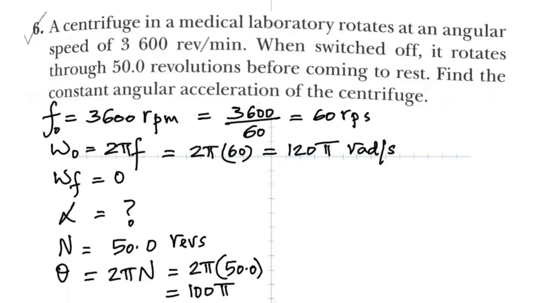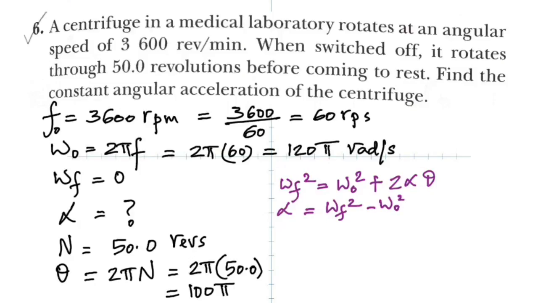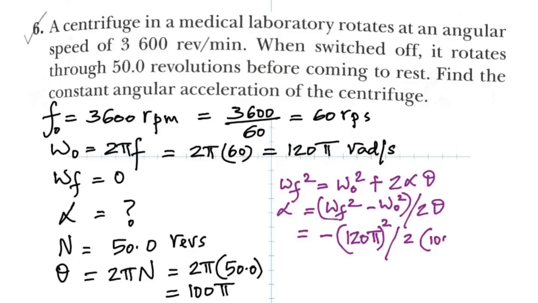And so now to find alpha, we use this equation. Rearrange to make angular acceleration the subject. Substitute the numbers.